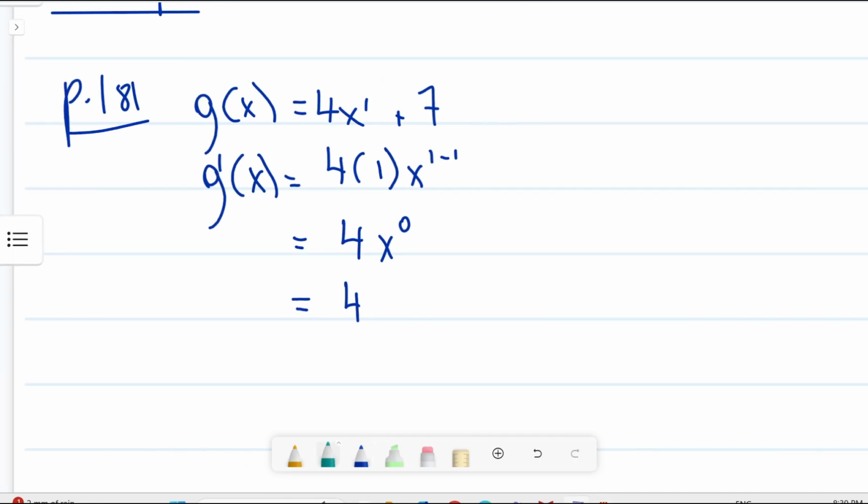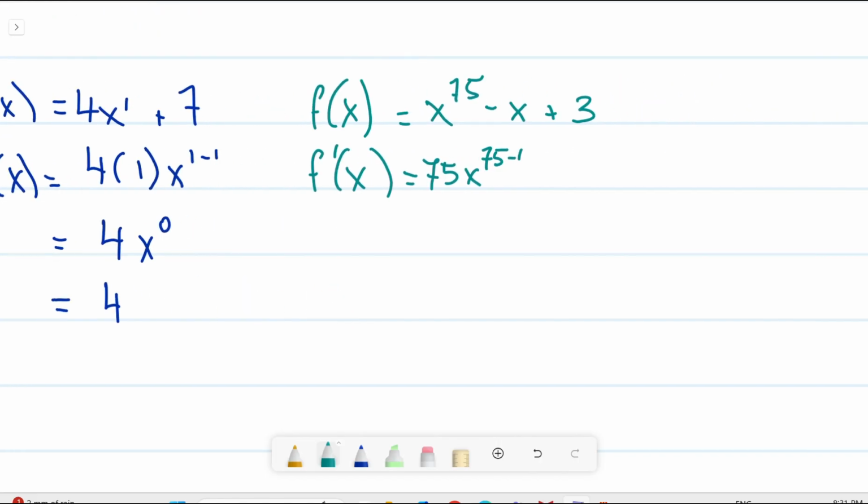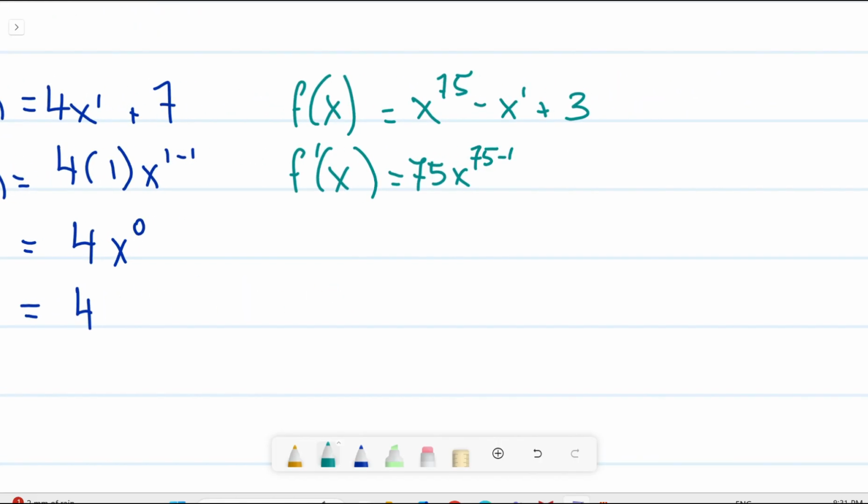And the next example we will look at is f of x equals x to the power of 75 minus x plus 3. The derivative of f of x. For x to the power of 75, we use the power rule. We drop the power and then we do x to the power of 75 minus 1. Now for x, this is x to the power of 1.